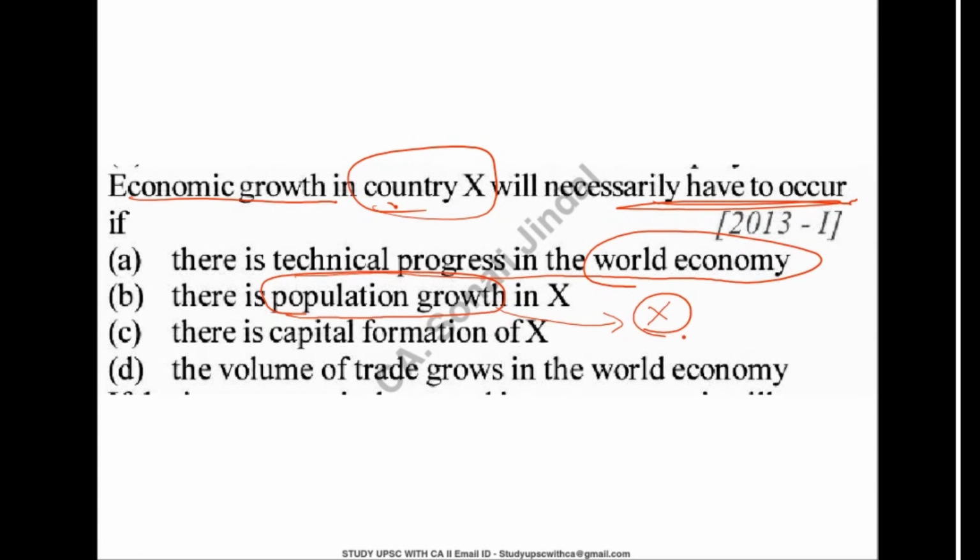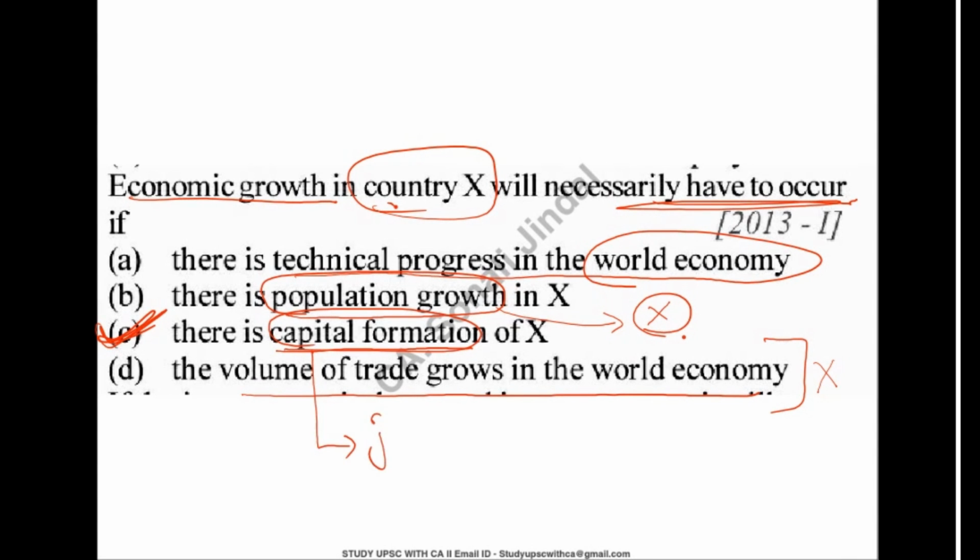The third statement is capital formation in X. And the fourth statement is volume of trade grows in the world economy. Maybe it will not help if country X is not a part of increasing the volume of trade. C will help, as the capital formation will increase jobs in that economy and increase the infrastructure that will reduce the cost of doing business.